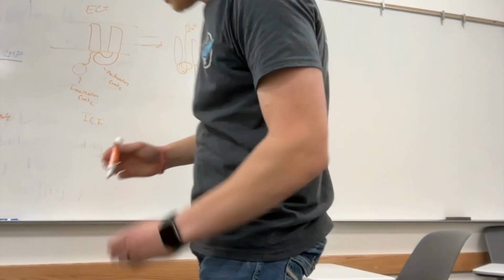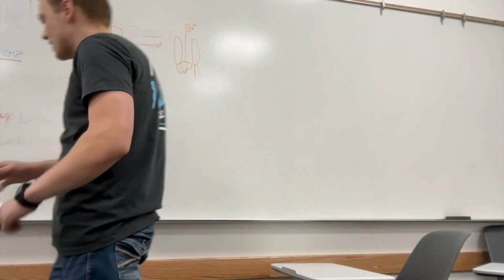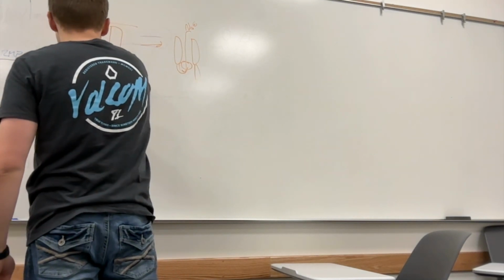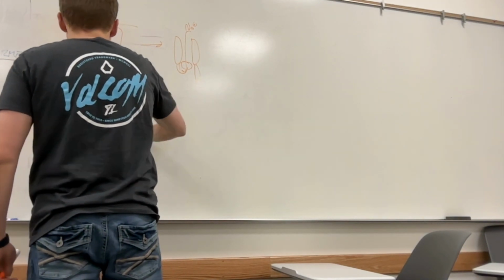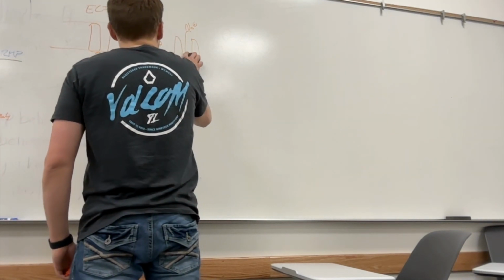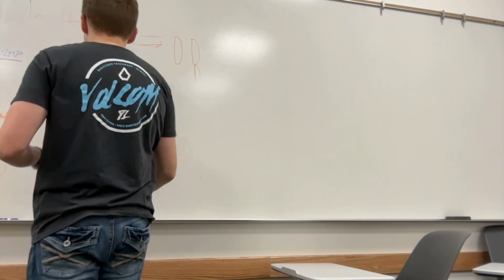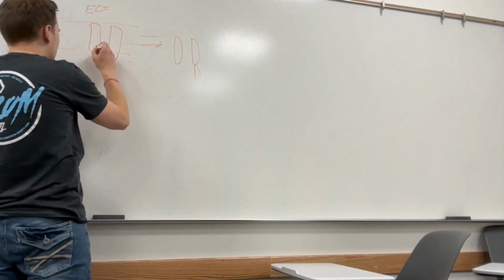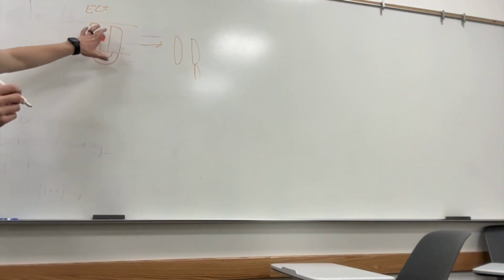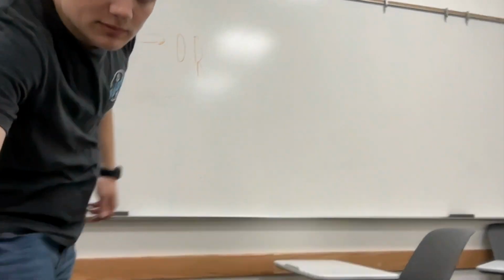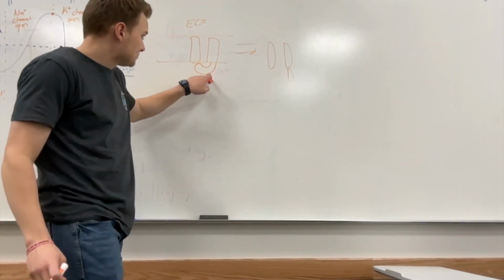But before that even occurs, we have our potassium voltage-gated channels. So I'm going to erase some of this, but not all of it. Potassium channels have a very similar deal, where they also have a gate right here.